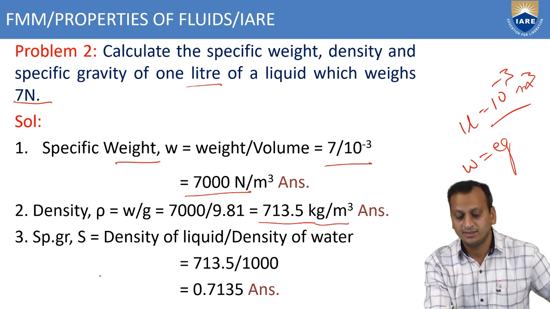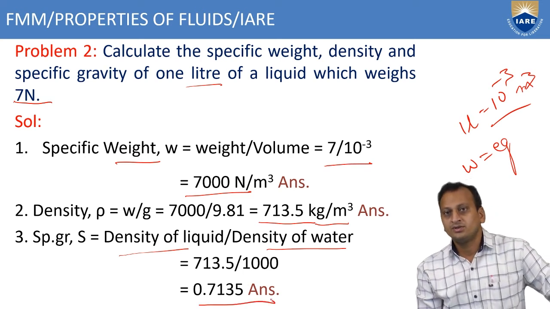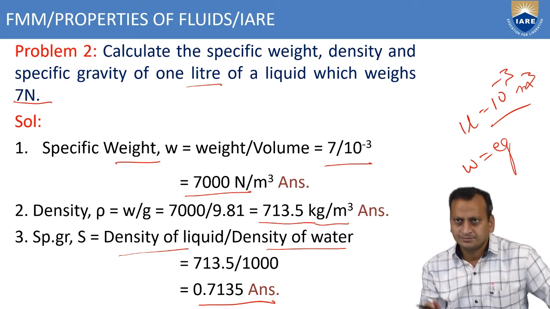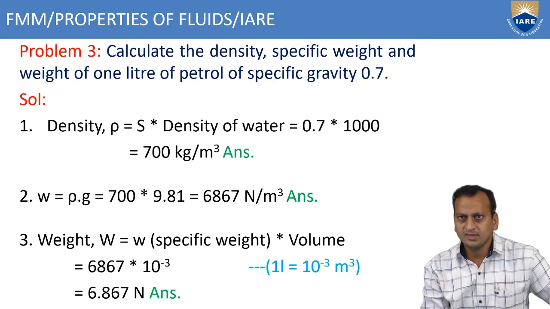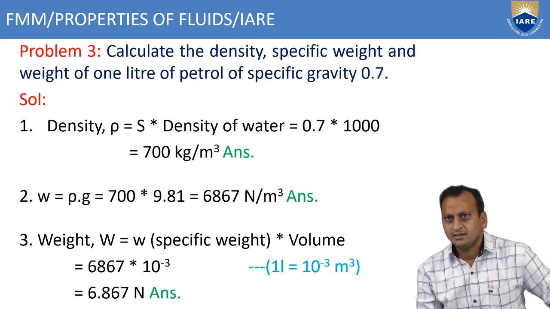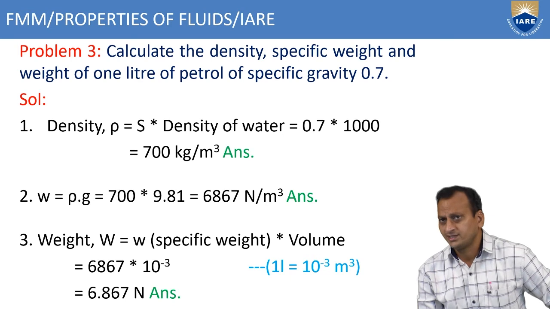Similarly, specific gravity is equal to the density of the liquid to the density of the standard liquid, water. So 713.5 by 1000. Here we have specific gravity as 0.7135. So this is how you calculate various parameters when the specific weight and volume are given. Similarly, here we can find out the density, specific weight, and weight of 1 liter of petrol of specific gravity 0.7.